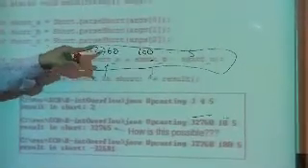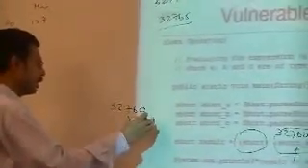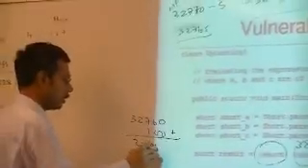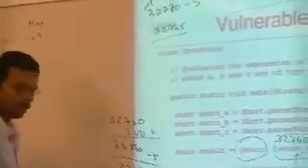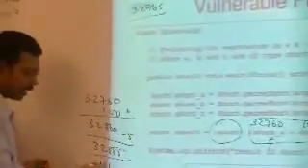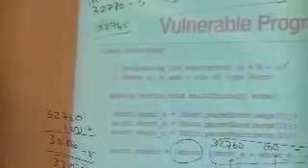So 32760 plus 100 is 32860, minus a 5 is 32855. So this is an int now, and you are trying to typecast it back to a short.